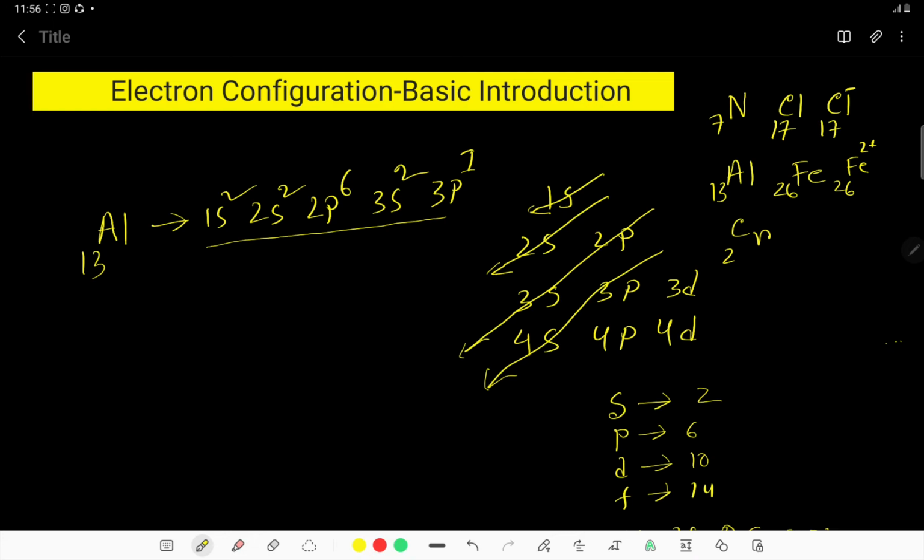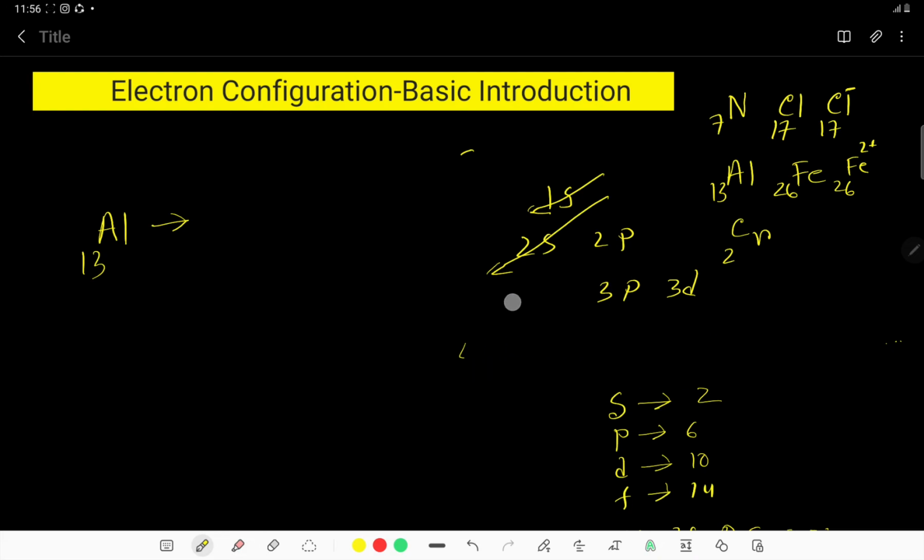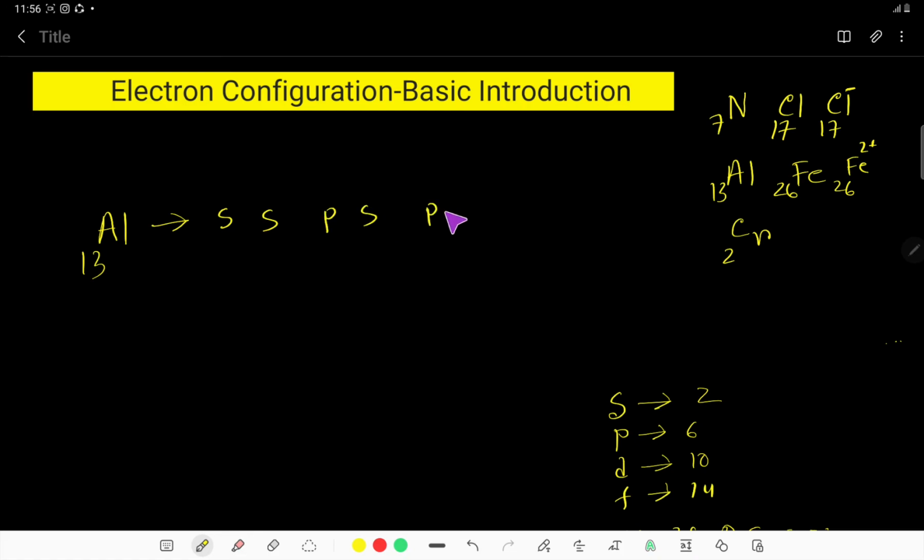You can write the electron configuration of aluminum by the second method that I am going to show you, right? Okay. To write the electron configuration of aluminum in the second method, write the sequence s, ps, dps, then fdps. You can take any number of fdps.